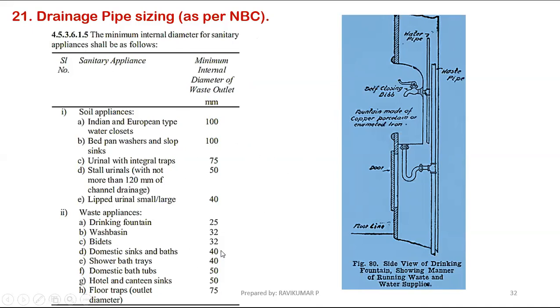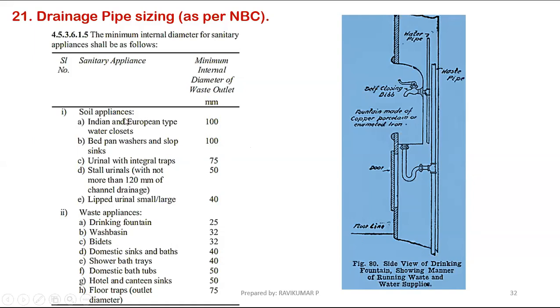So based on your vendor, supplier or manufacturer standard, this may vary. The size can be reduced also, or the size can be a little more. One size higher also will be available. But you have to know the standard size of the drainage fixture outlet. Then only you can calculate. Then only you can arrive at the point.